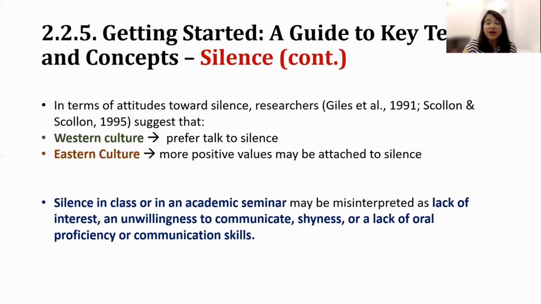His communication style, which might have been interpreted as deliberate, careful thinking on an important occasion, instead was perceived as a lack of knowledge. It was so unfortunate, which ultimately led to an unsuccessful thesis defense. So this is where misinterpretations of silence happen in communication.